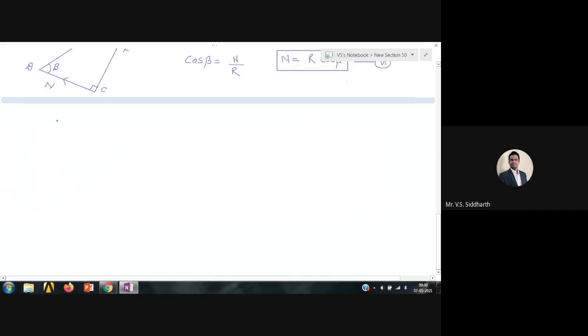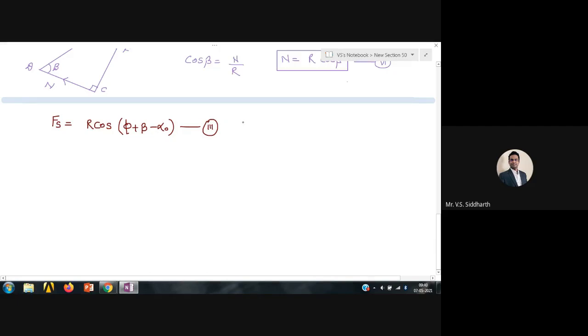So my Fs was R cos (phi plus beta minus alpha naught), right? This was my equation number 3.